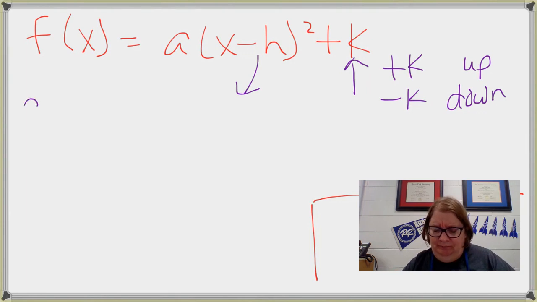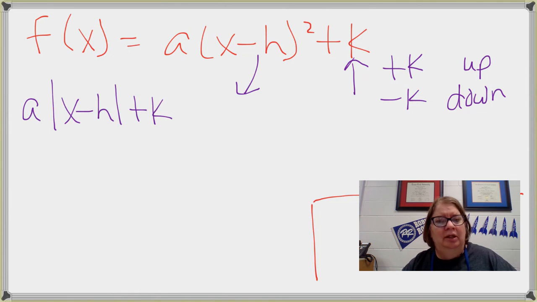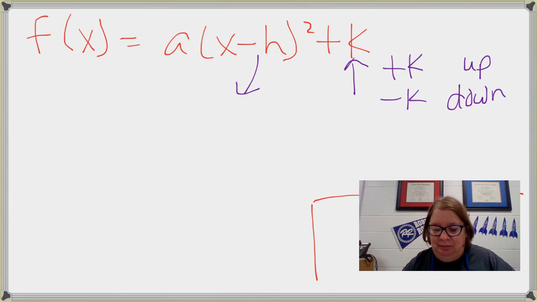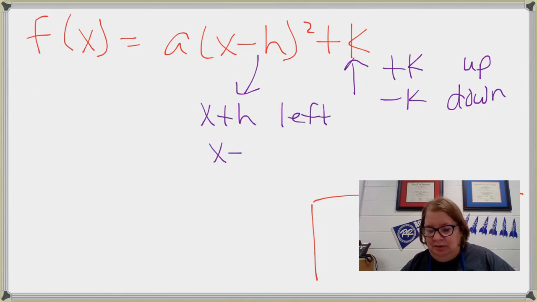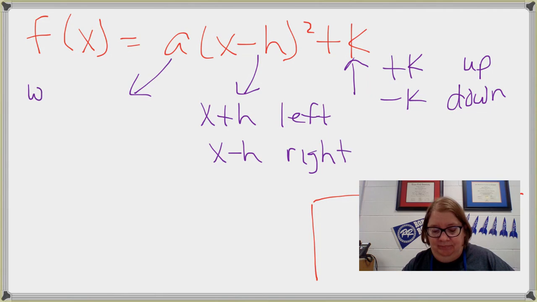You remember we did it like this, right? In this case, it's inside the parentheses. The number that's inside determines the left and right. So x plus h means left, and x minus h means right. This A determines the width. Do you remember we talked about fractions make it flat?